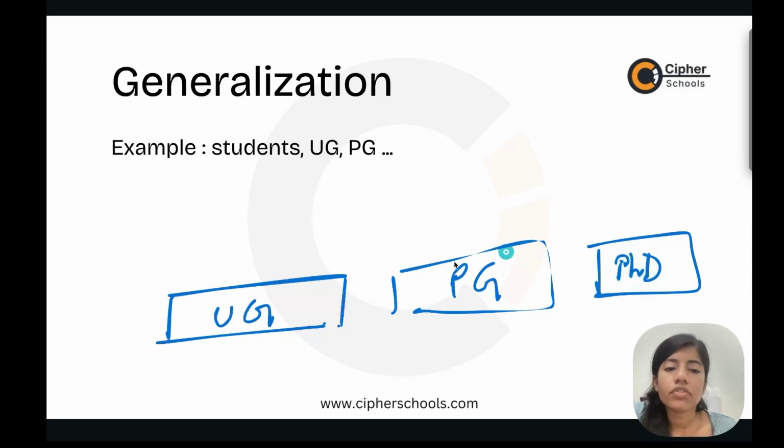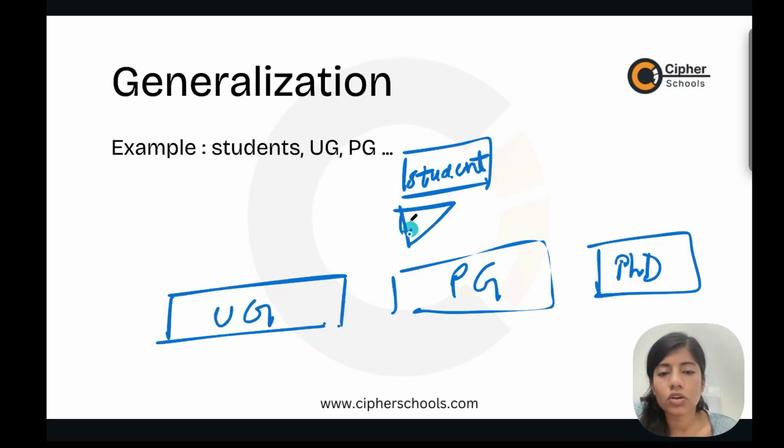If I think that all these three have name and roll number as common attributes, instead of repeating the same data again and again, I can create one general entity as student and have an easy relationship between all these entities. Like I can say that a student is a UG student or a postgraduate student or a PhD student. So what I have done here is I went from sub entities to a general entity. So yeah, this is it for the example.